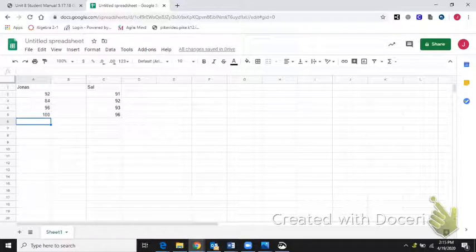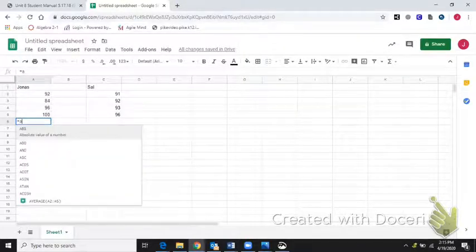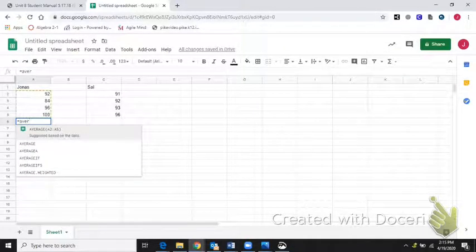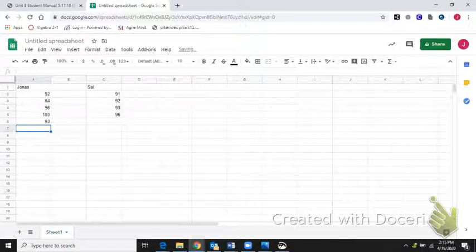Since there are 4 scores for each student, to do this on our sheet, we're going to use a formula. And so we're going to do equals, and we want the average. Although it came up, I'm going to go ahead and type that in there. And we want the average of our 4 scores. And so if yours doesn't come up with a suggestion, we can highlight those numbers and press enter. And so our mean score for Jonas is 93.